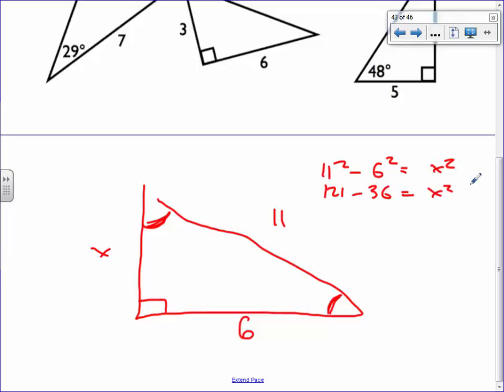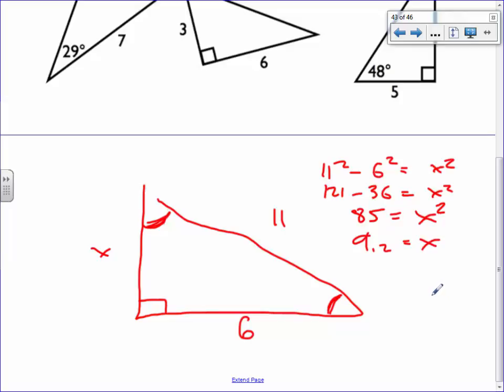You should be able to do this with a calculator. That's 85. What do I do next? Square root it, yeah. I've said that you're allowed to go to the nearest tenth if you want. So if you square root 85, I get x to be 9.2.